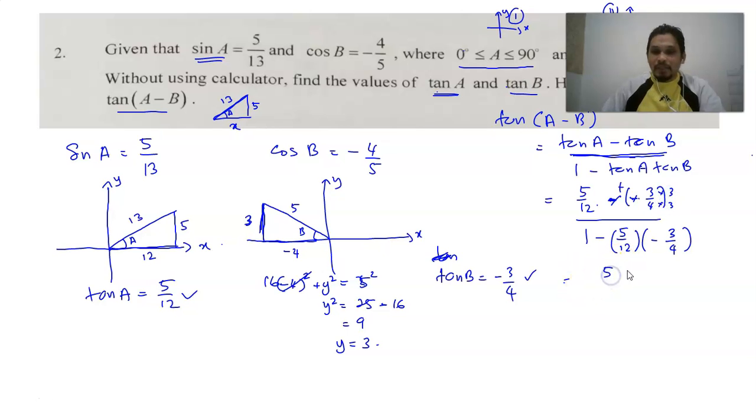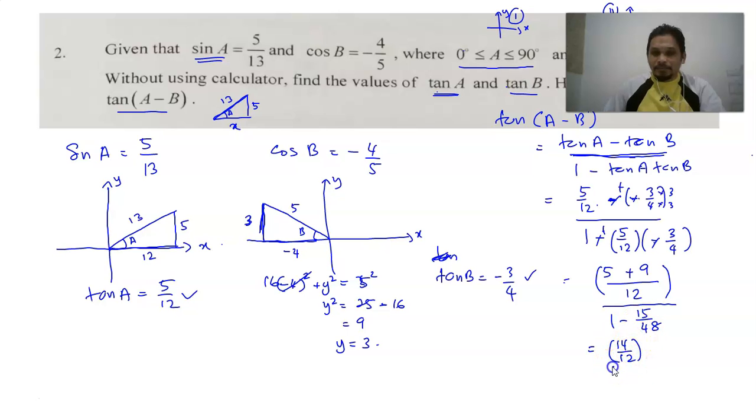So then 5 plus 3 times 3 equal to 9 divided by 12, and divide by negative times negative, positive, so 5/12 multiplied with 3/4, 1 minus 15 divided by 12 times 4, which is 48. So 5 plus 9 equal to 14/12.